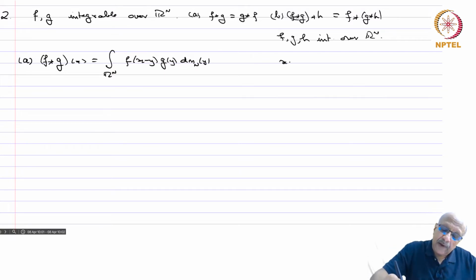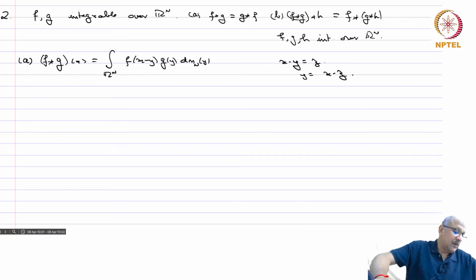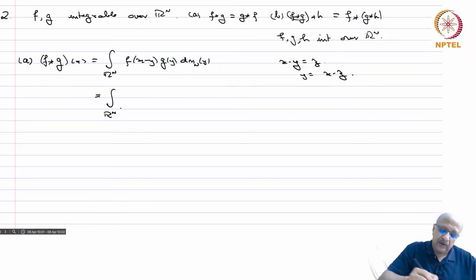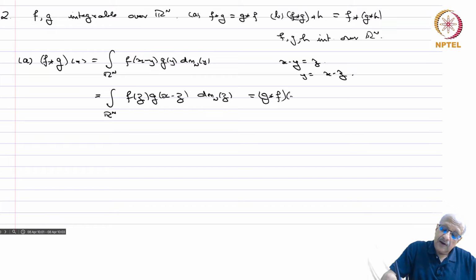Now if I put x minus y equal to z, then you have y equals x minus z. And we have seen this exercise already. When you make a translation in R^n, then the integral just behaves like the usual substitution law, and therefore this becomes f(z) g(x minus z) dm_n(z), and that's equal to g star f at x.